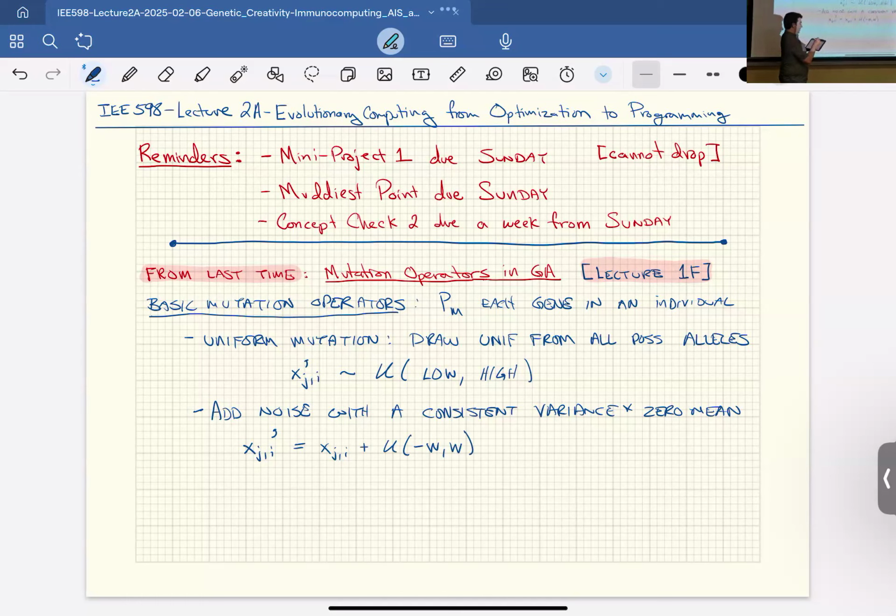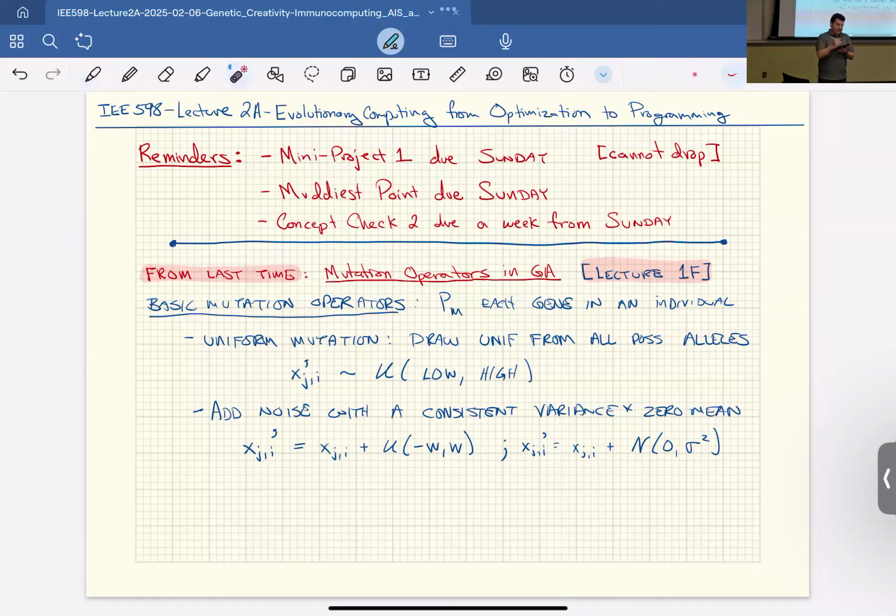So this is zero mean, between minus W and W, where W is a hyperparameter that you could set. Alternatively, it doesn't have to be uniform. You could instead say that x_J,I prime is x_J,I plus a draw from a normal distribution with zero mean and some variance that you specify, where this is another hyperparameter.